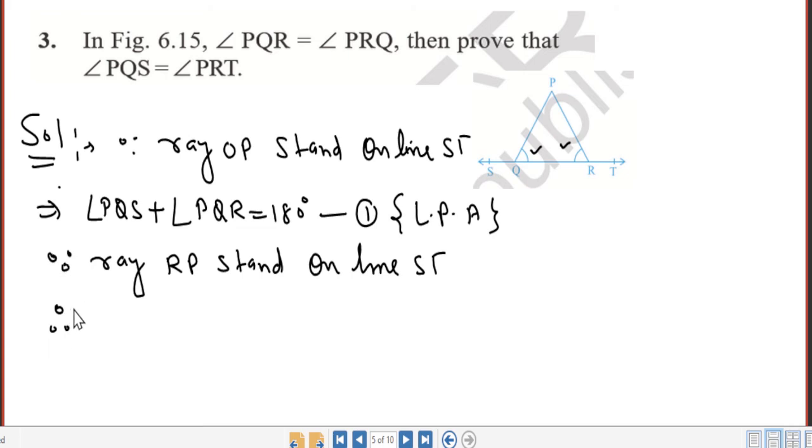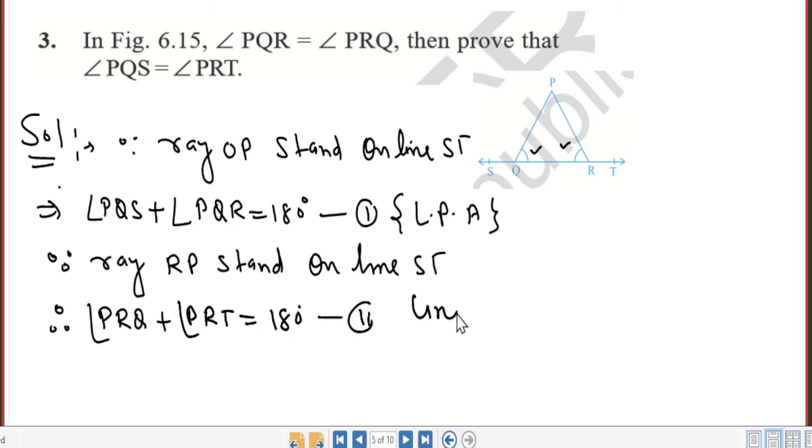Linear pair axiom. Angle PRQ plus angle PRT is equal to 180 degree. This is a linear pair axiom. Yes, sir. This is okay.